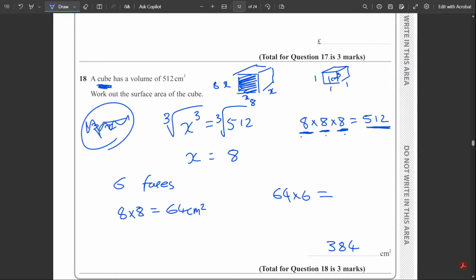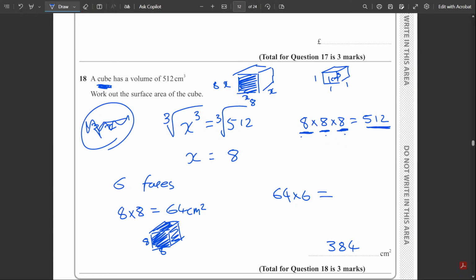So once you get 8 as one of the lengths, there are 6 squares that make up the cube, the faces, if you open it. If you want to look for the surface area, I need to work out the area of those 6 surfaces. That's one of the faces, then you have one square at the top, and one square on the side. That's just three faces.